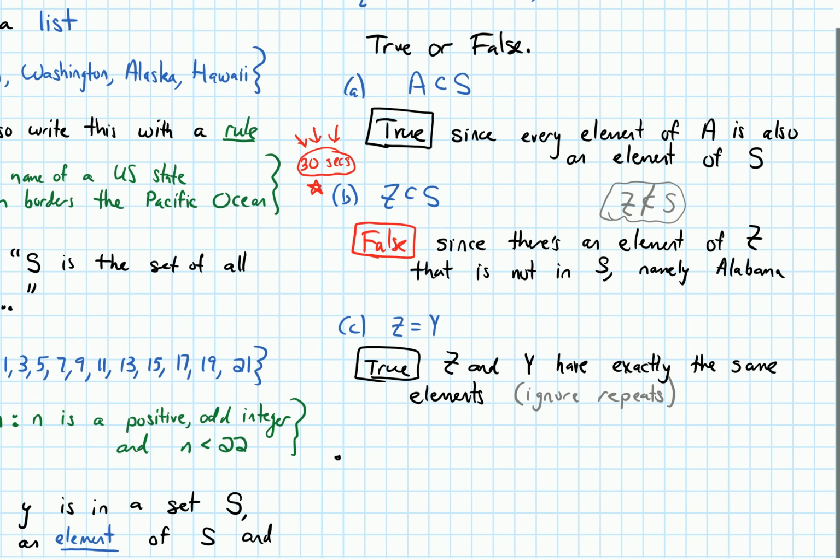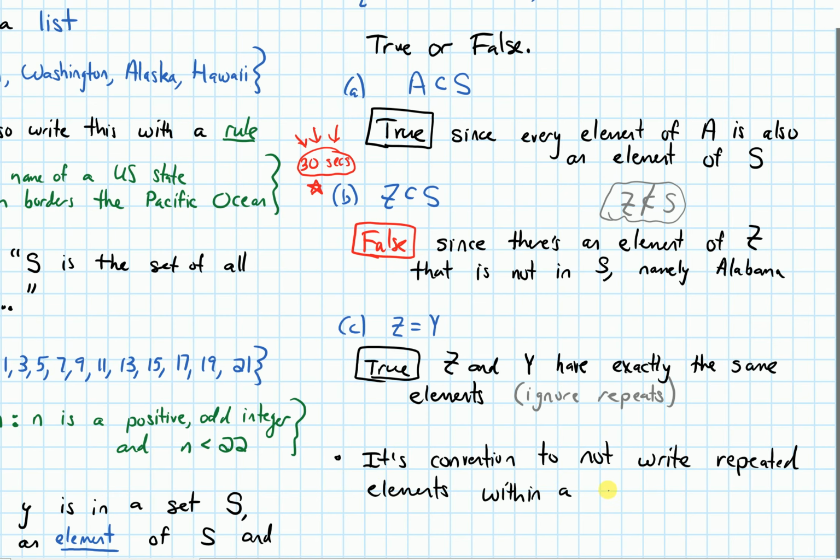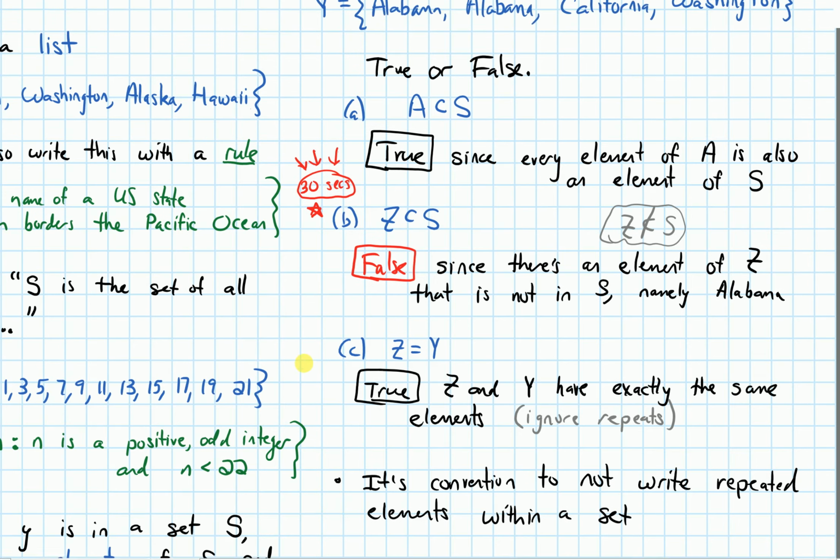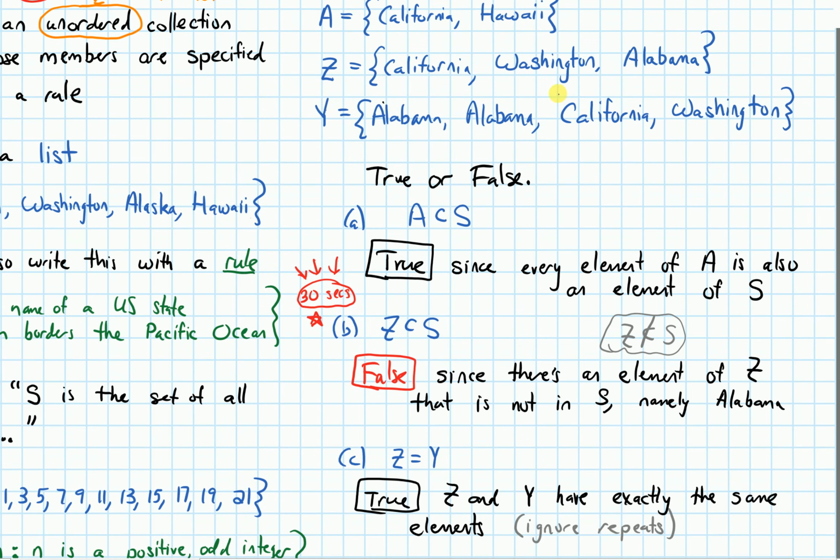Typically, it's convention to not write repeated elements within a set. So usually we wouldn't see a set written how Y is, where Alabama is written twice. It would be more common to see a set written as Z, where each element is just listed one time. Although it's not wrong to write a set how Y is written.